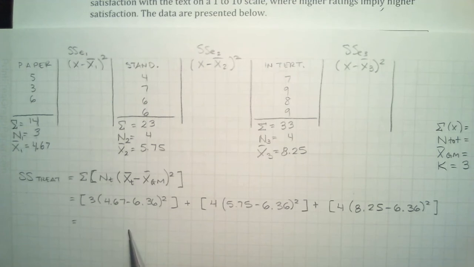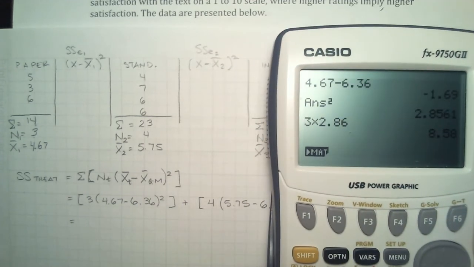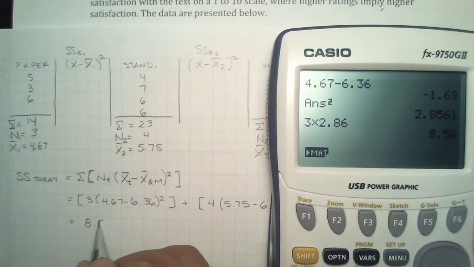We square that, and our answer is 2.856, which I'm going to round up to 2.86. So 3 times 2.86 is 8.58.